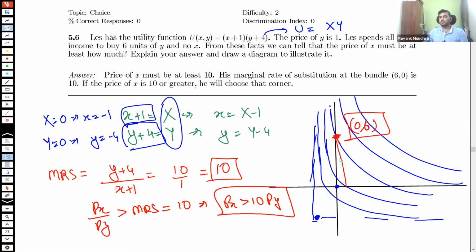When px upon py is greater than 10, you do not want to consume anything else. You want to stick to this point 0, 6. Okay, price of y is 1, so px must be at least 10.